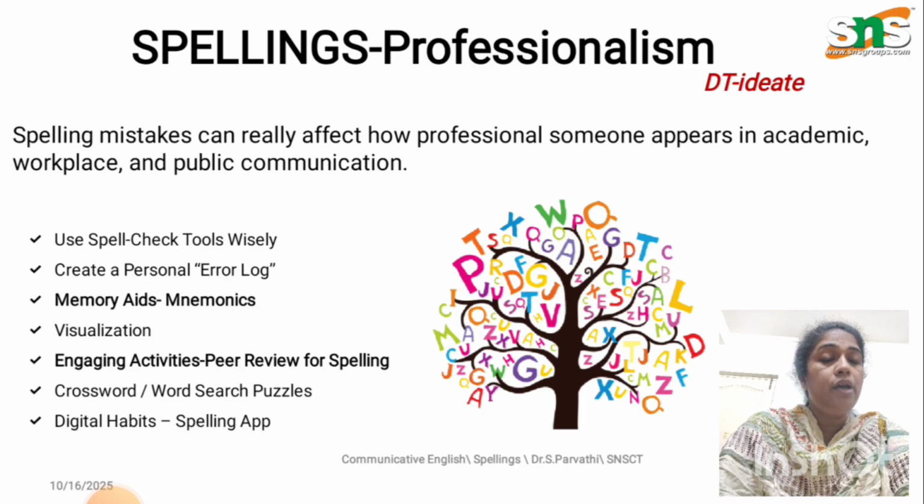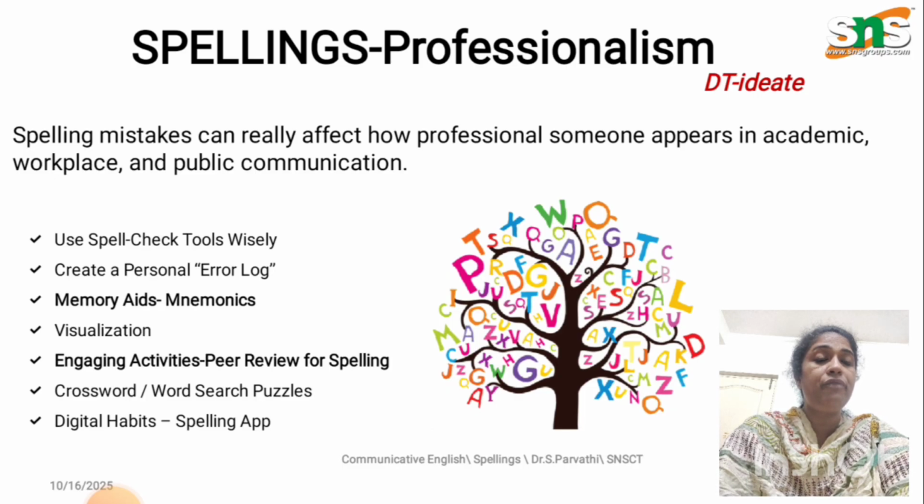For example, I used to teach my students how to remember the design thinking concept: empathize, define, ideate, prototype, and testing, right? I asked them to remember by the first letter. It's called EDIPT: E for empathize, D for define, I for ideate, P for prototype, and T for testing. It's easy for them to remember. This method is called mnemonics.